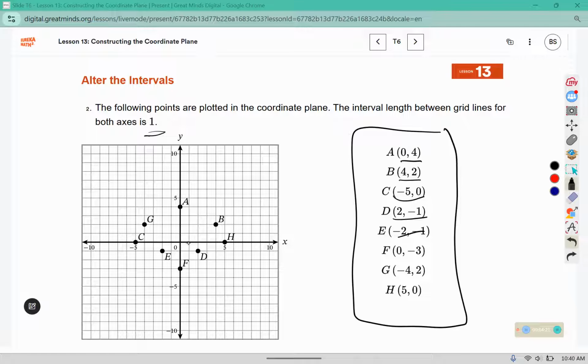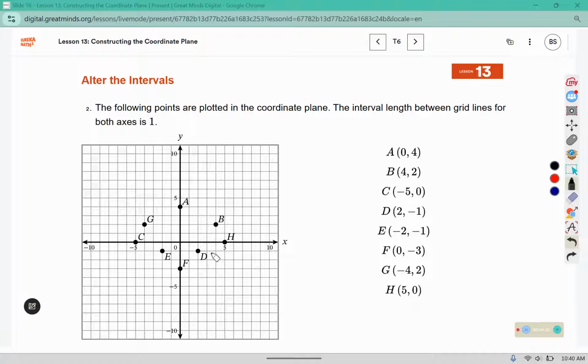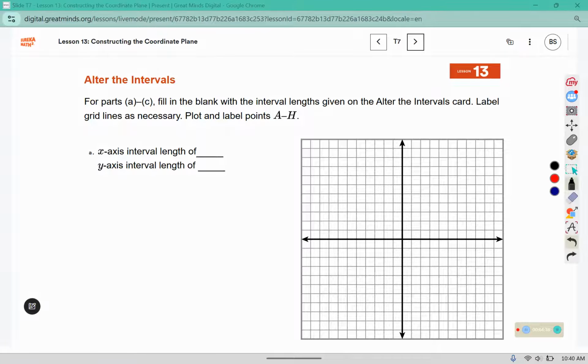So it goes 0, 1, 2, 3, 4, 5, 6, 7, 8, 9, 10. For our purposes, we're going to change those scales. So we might have 1s on the x and a different number on the y-axis. Let's try graphing A through H using an interval of 1 on the x-axis and an interval of 2 on the y-axis.